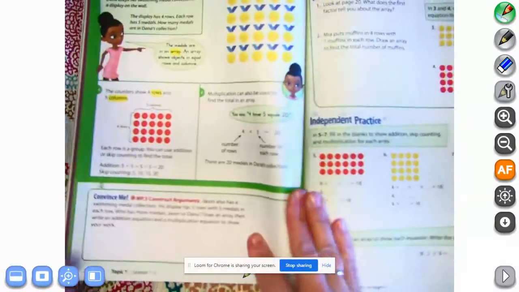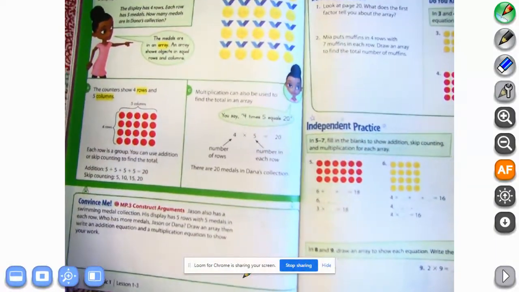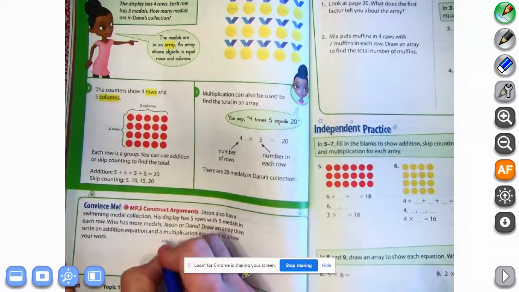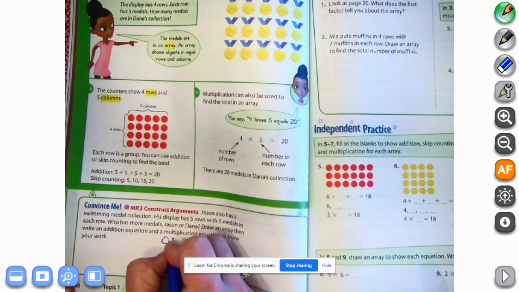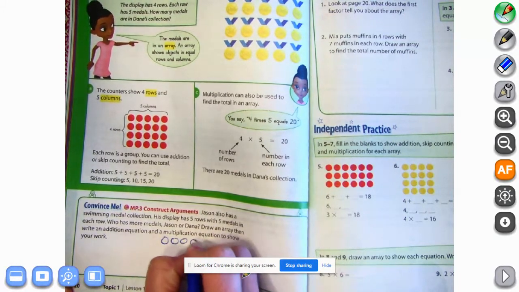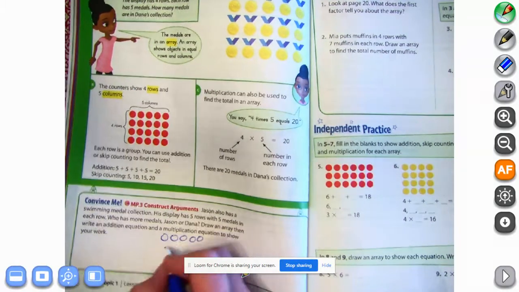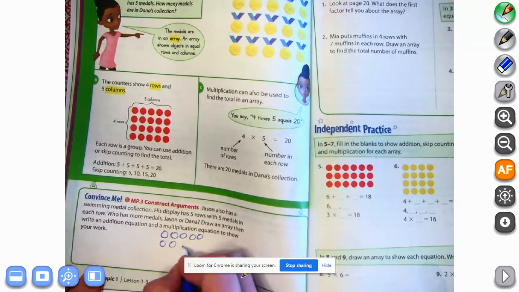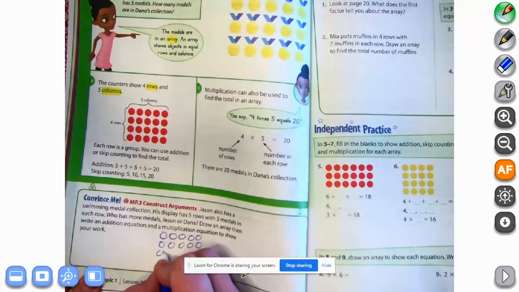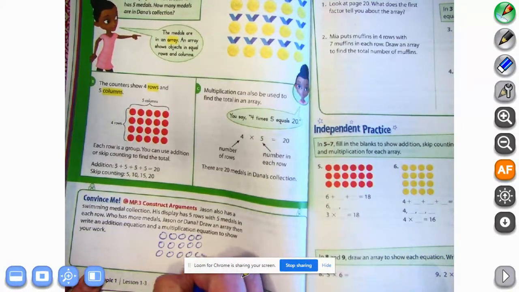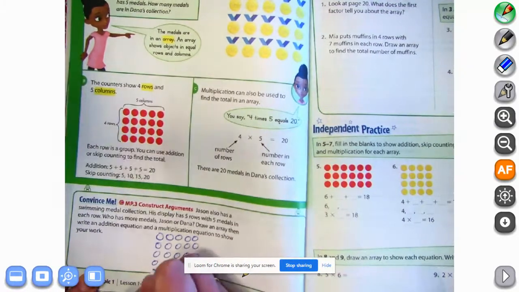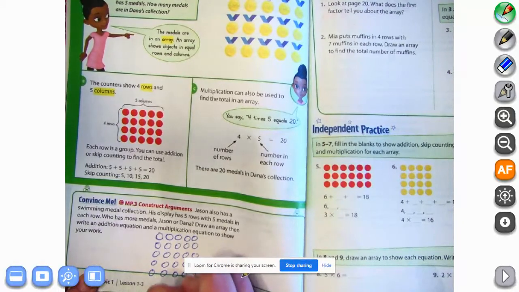So we're on the bottom, page 20, and it says that Jason has 5 rows with 5 medals. So let's draw that. We're going to do 1 row that has 5 medals, 2 rows with 5 medals, 3 rows with 5 medals, 4 rows with 5 medals, and 5 rows with 5 medals.